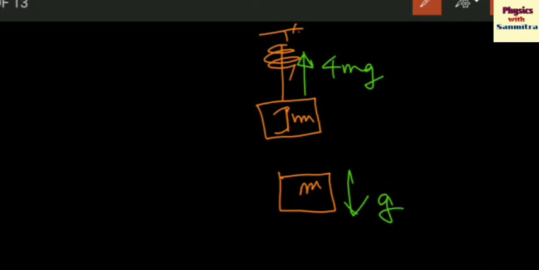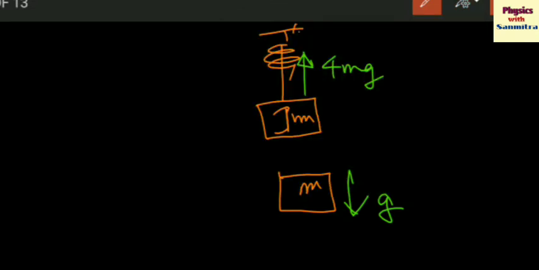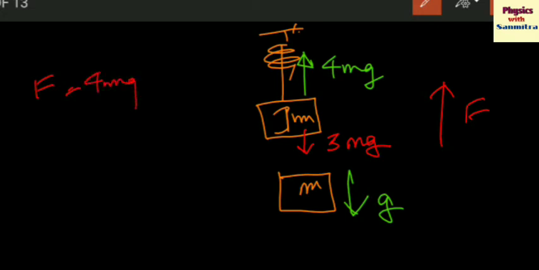And what will be the acceleration of this block of mass 3m? See, this block is having a weight that is acting 3 mg downwards, and upward it's 4 mg. So what is the net force that will be upward? That net force, I can write F is 4 mg minus 3 mg.